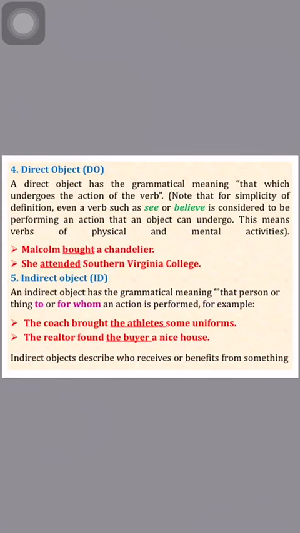Malcolm bought a candle. He attended Southern Virginia College. So bought or attended, these are verbs. What about the direct object? The direct object which follows the verb in these two examples is under the effect of the action done by the verb.